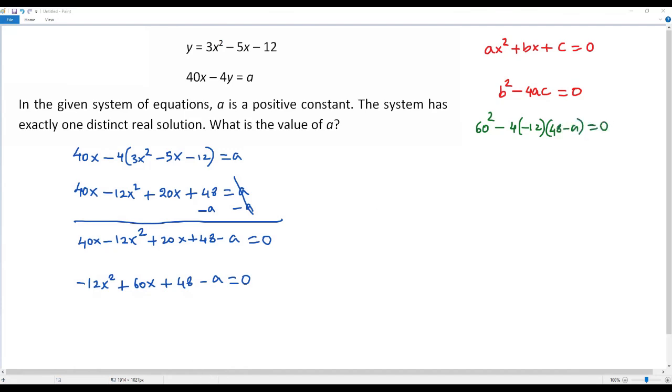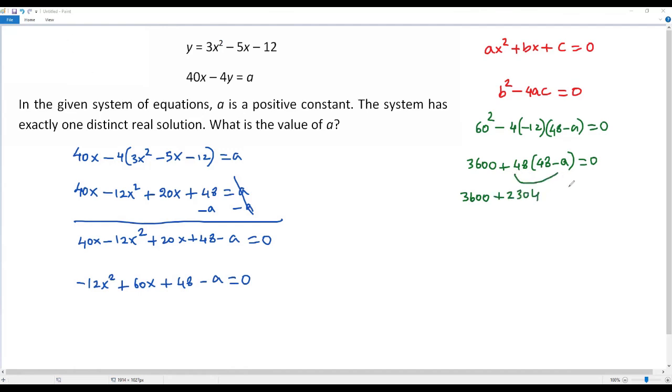Okay, when I evaluate 60 squared, I am getting 3600. Negative times negative will be positive, 4 times 12 is 48, so that is 48 times (48 minus a) equals 0. Okay, 3600. Now we have to distribute this 48 to the 48 minus a. 48 times 48 is 2304, so positive 2304.